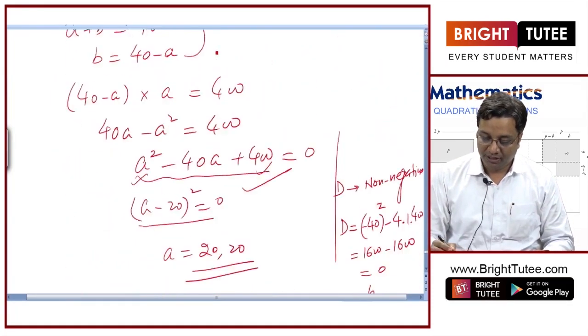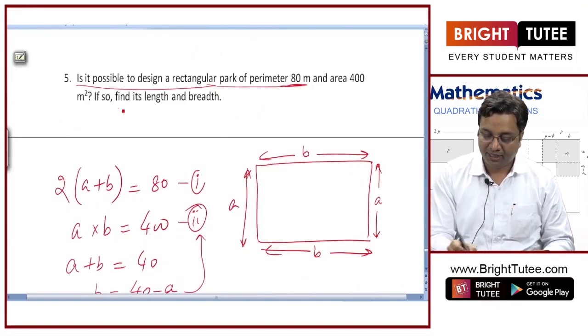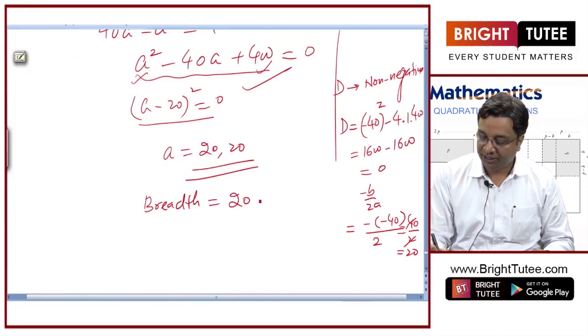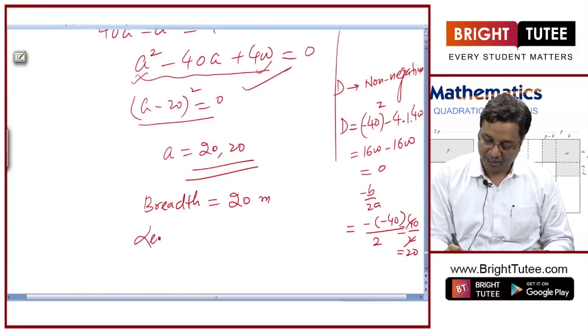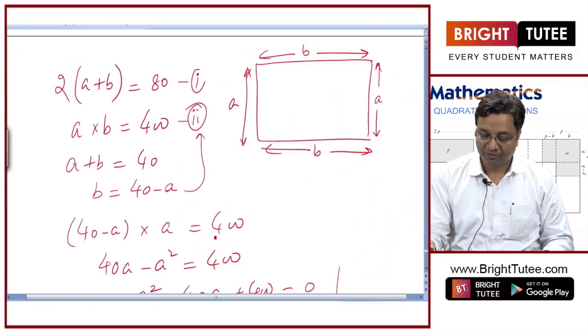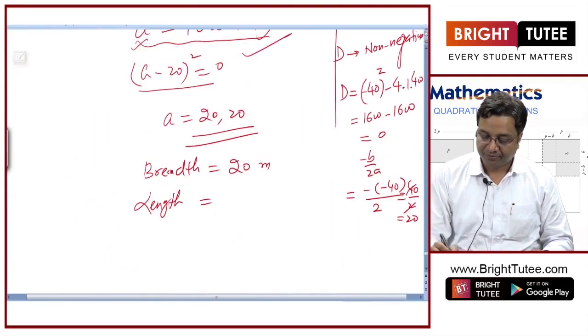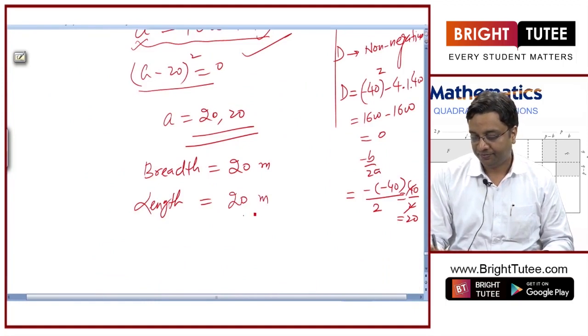So now we have got the breadth 20 and we can find the length easily now. So the breadth is equal to 20 meters. Okay. So the length is equal to how much? a into b was equal to 400. So the length is also equal to 20, right?